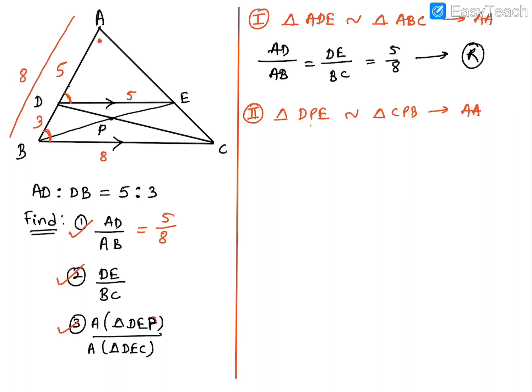Now how to prove this? So first, area of triangle DEP means this triangle from here, correct? This is the triangle. And area of triangle DEC. Now DEC will include both the parts, right?